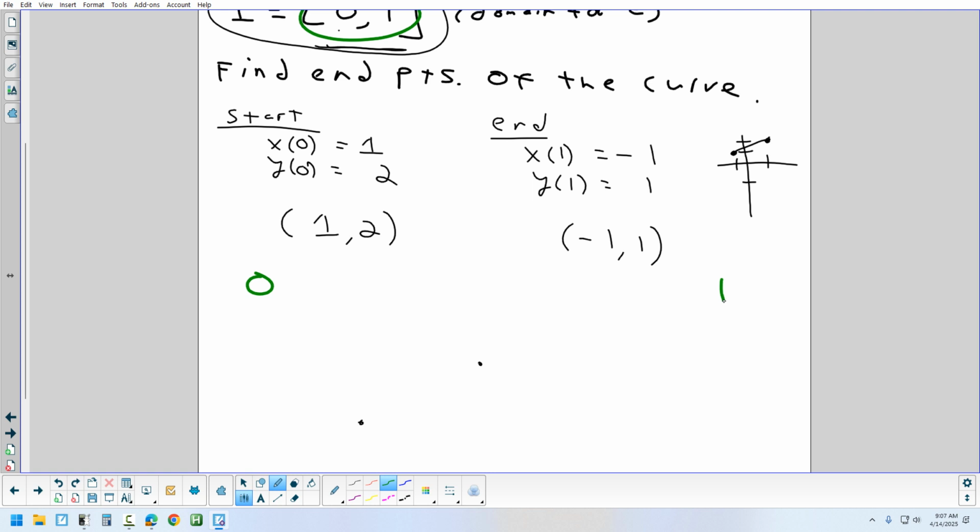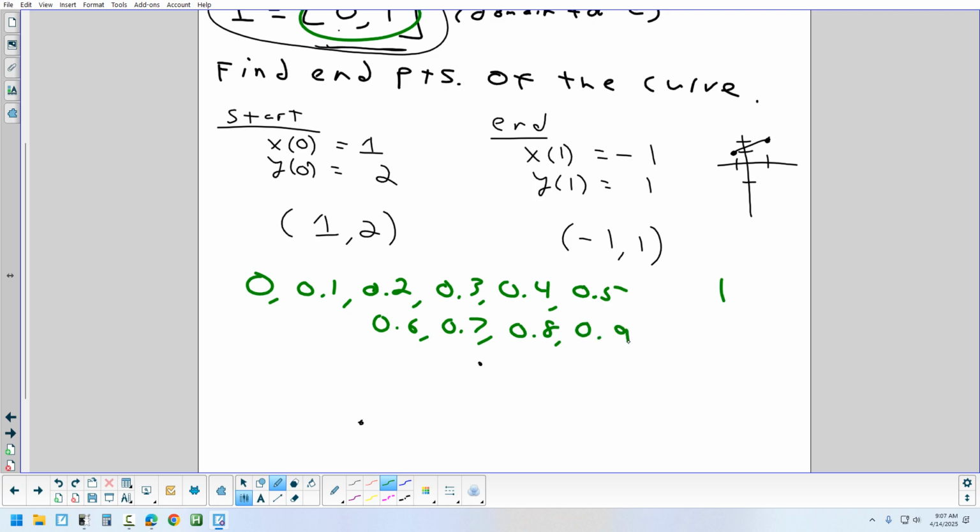If you go by 0.1, you're going to plug that in for t, then that, that. You're going to plug in all these numbers. So you're plugging in 1, 2, 3, 4, 5, 6, 7, 8, 9, 10, 11. So you're basically graphing 11 points, including the endpoints, to get your picture.